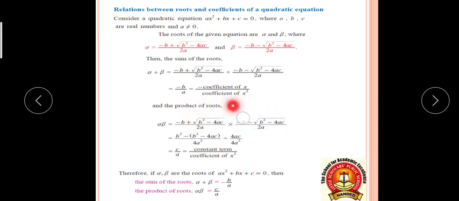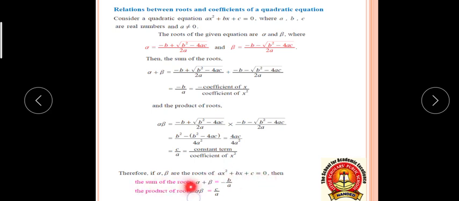After calculating, you will get 4ac upon 4a square. The 4 cancels out, one a cancels out, and you get c upon a. The product of the roots of the quadratic equation is c upon a, and the sum of the roots is minus b upon a. These are the relations between the roots and the coefficients of a quadratic equation, and you have to remember them, where alpha and beta are the roots of the quadratic equation.